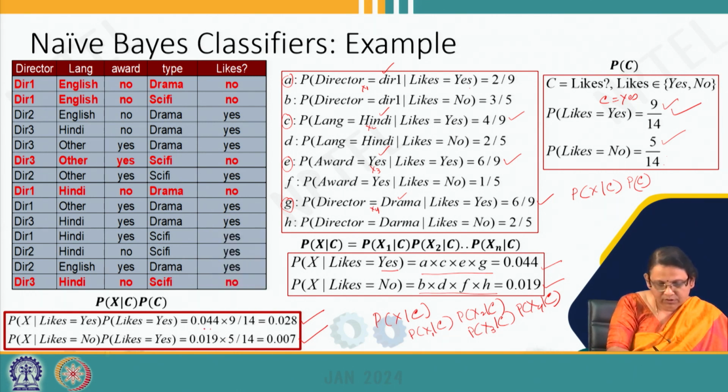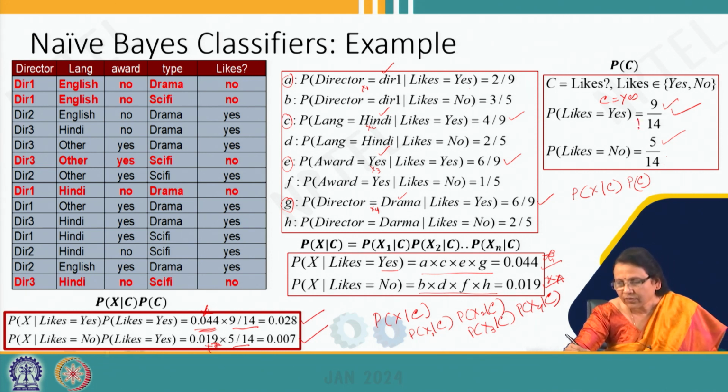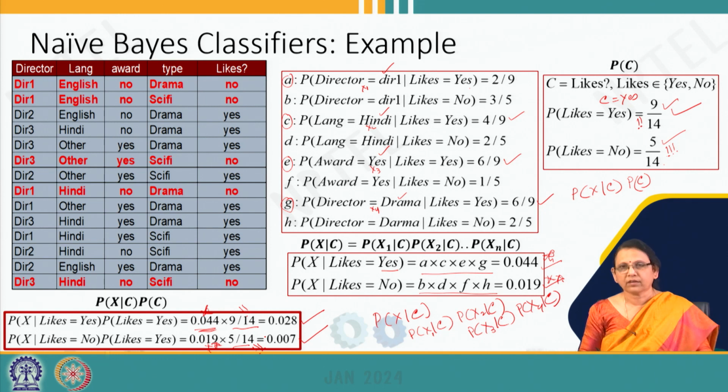This particular value is coming from here, this particular value is coming from here, and you multiply it with this one and this one. This one is coming from here. So now you got these two.